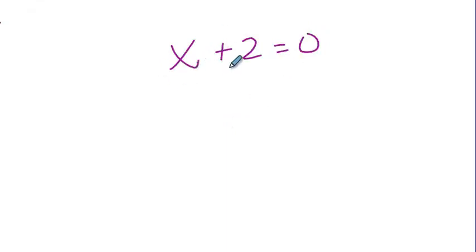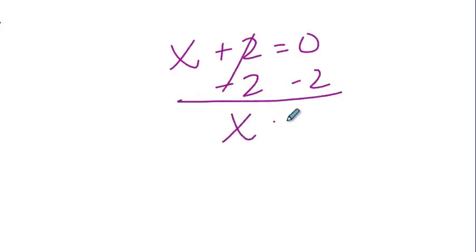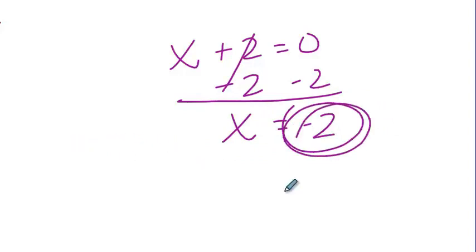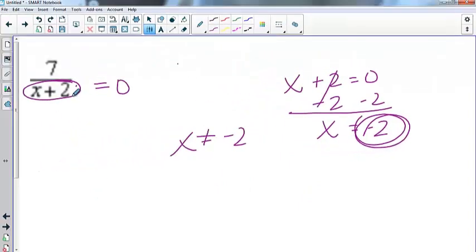So how do I get x by itself? Subtract 2. So x is equal to negative 2. Negative 2 is the excluded value. So technically for this, x cannot be equal to negative 2, or it's 0 in the denominator.